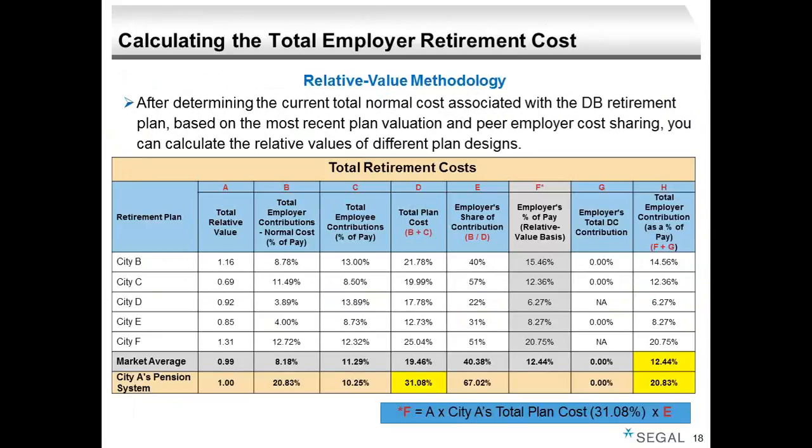If other benefits are offered, column G, although there are no employer cost numbers in it, would be added, and column H is simply the sum of those contributions as a percent of pay. The average overall is 12.44% as a percent of pay, as opposed to the 20.83%, which is City A's contribution.